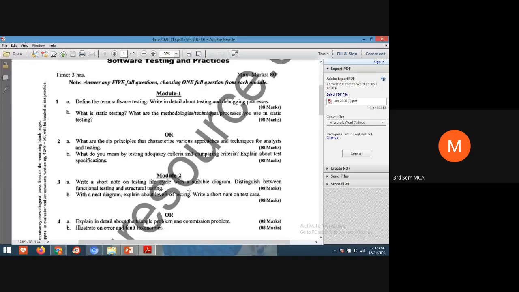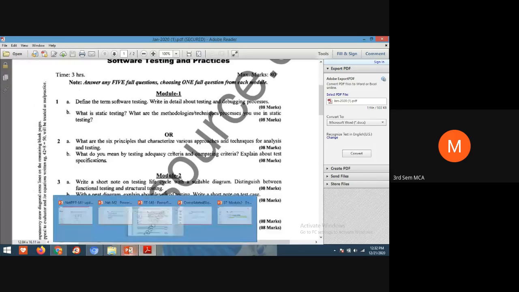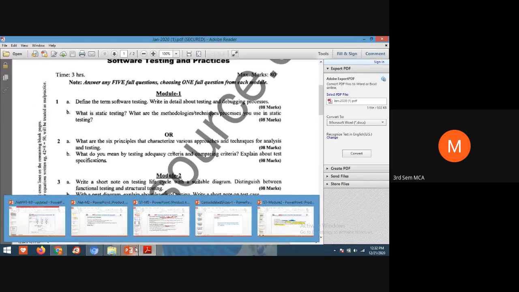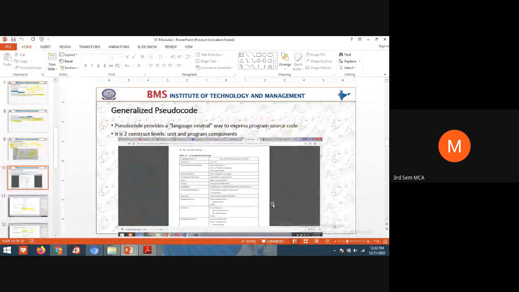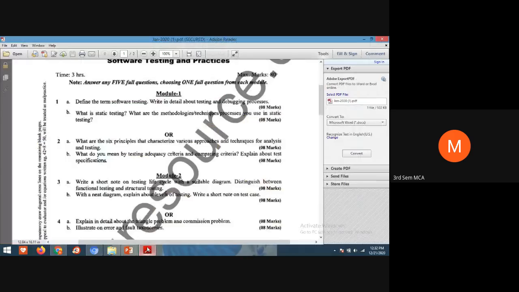Next 3B, with a neat diagram, explain about level of testing. Write a short note on test case. Level of testing. Hey students, what answer you will write for level of testing? What answer you will write for level of testing?